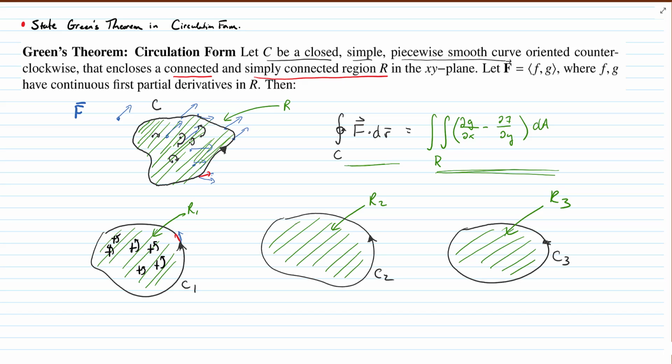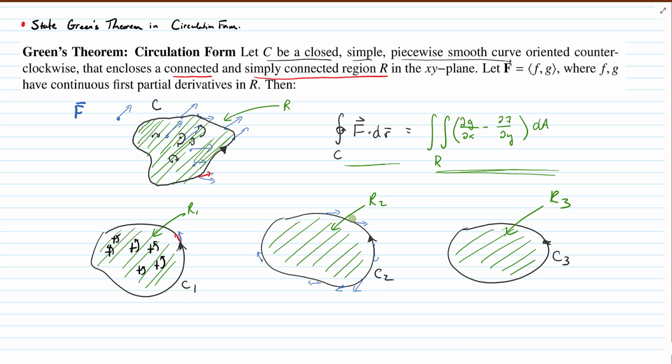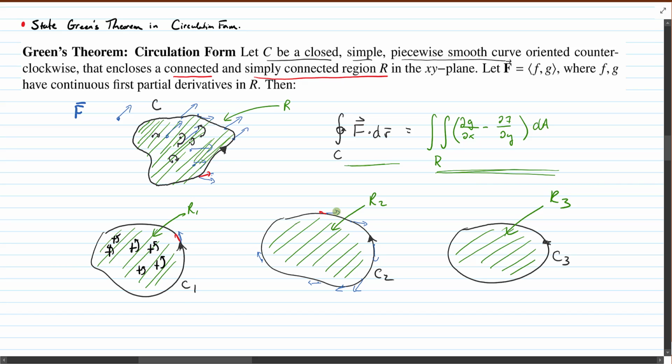Likewise, let's suppose that at every single point here the blue vectors of our vector field are pointing in the opposite direction of our unit tangent vectors, or roughly the opposite direction. So here are our unit tangent vectors pointing in this direction. Then we know that this should have negative circulation.